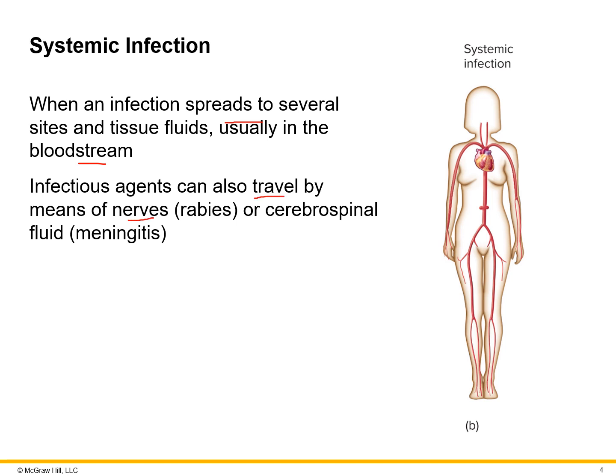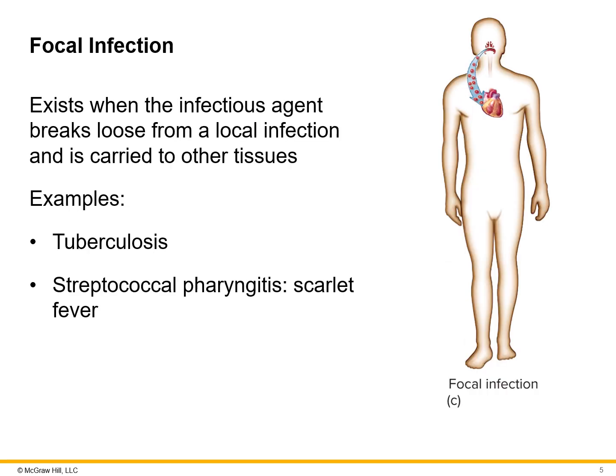It can also go by the nerves or the cerebral spinal fluid. So it's not only the blood. So again, systemic just means it can travel to various locations. The focal, this exists whenever that infectious agent breaks loose from a local infection and is carried to other tissues. So it's not systemic, it's not being able to move everywhere, but it can move to a new location.